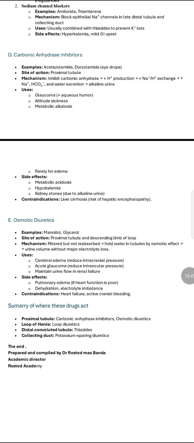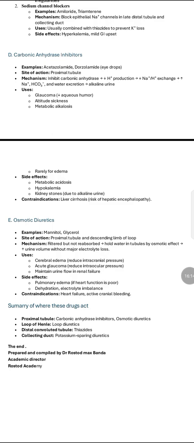We also have osmotic diuretics like mannitol. Mannitol, very important drug, right? It acts on the proximal convoluted tubule as well as the descending limb of the loop of Henle. Mechanism: filtered but not reabsorbed. Holds water in tubules by osmotic effect. So when we say something is osmotically active, it means that it draws water to itself.